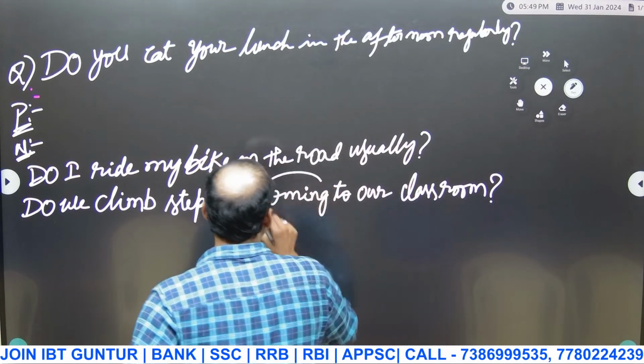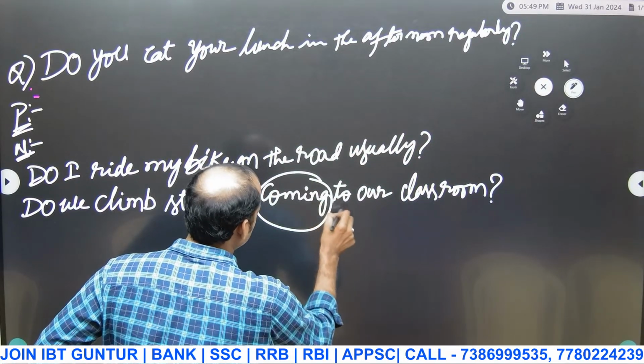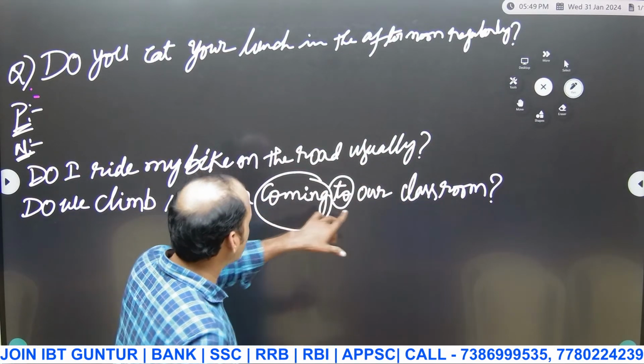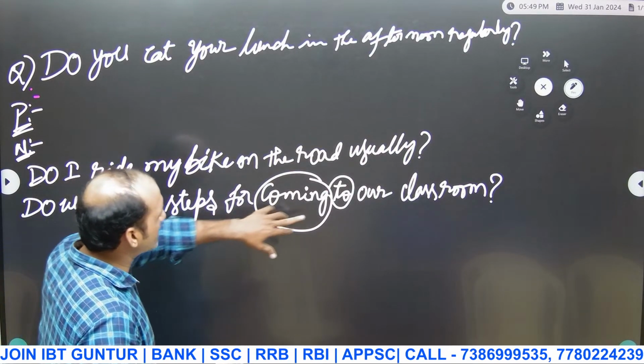Instead of coming, you can write reaching. For that, you should not use to. For reaching our classroom, you can say, do we climb steps for reaching our classroom?